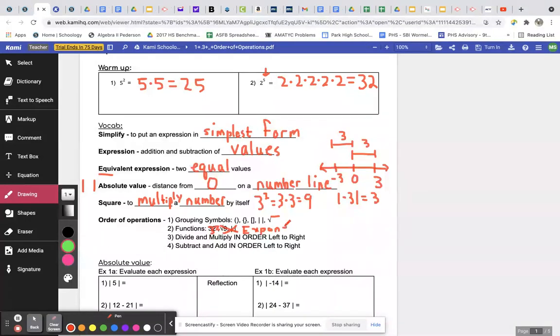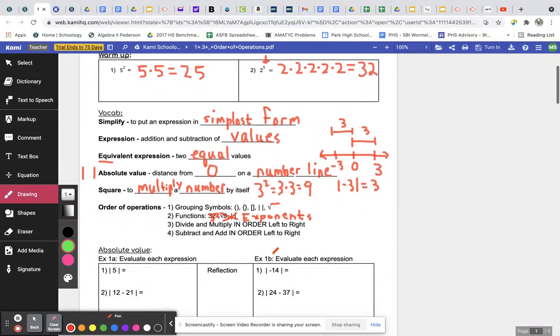And then the final two are a little bit confusing for students. We do dividing and multiplying in order, whichever comes first from left to right. And then the final one, adding and subtracting, whichever comes first from left to right.